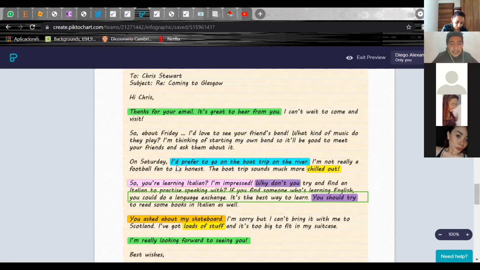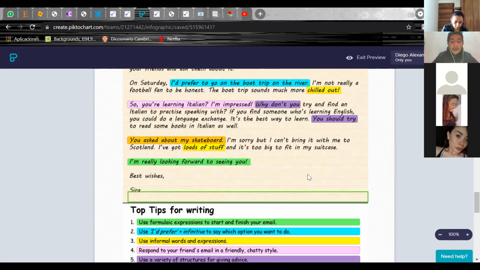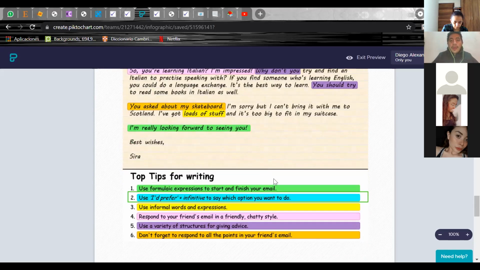So as you can see in here, we have an example. I would prefer to go on a boat trip on the river. So maybe we need to talk about opinions or which options, if we have different options, maybe we decide to do one of these, we need to use this structure. I would prefer to, and the thing that we're talking about in this case.